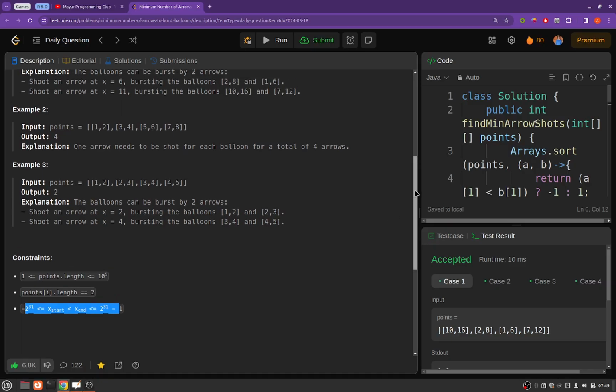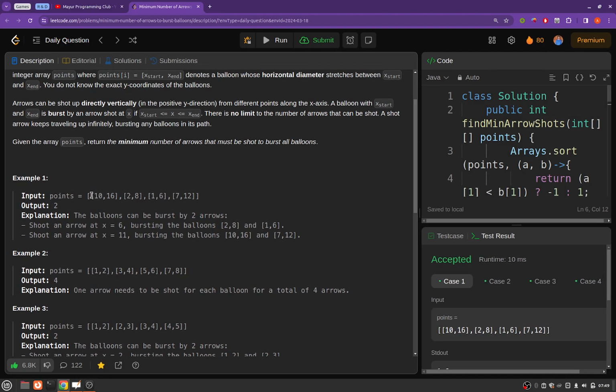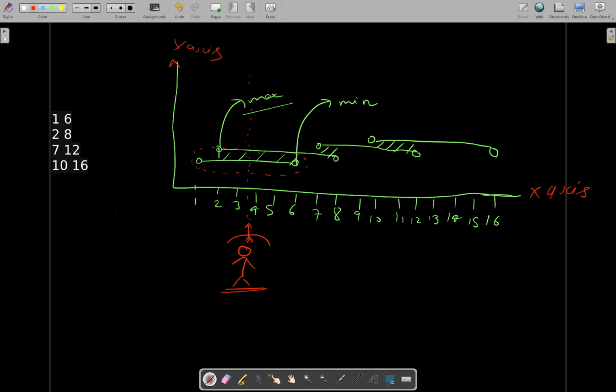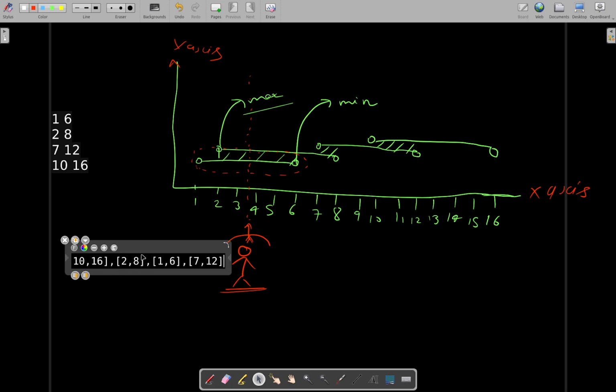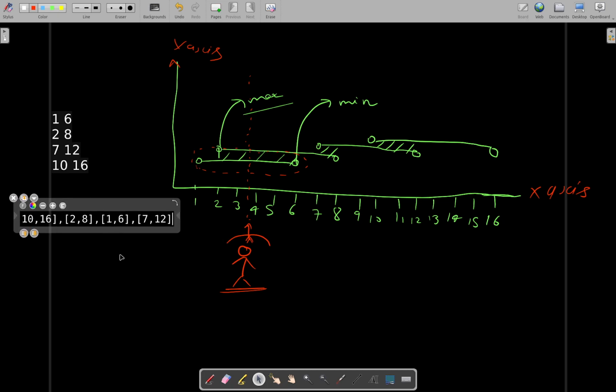So let's take the very first example, this example. This is the array that is given to you, having coordinates of different balloons.